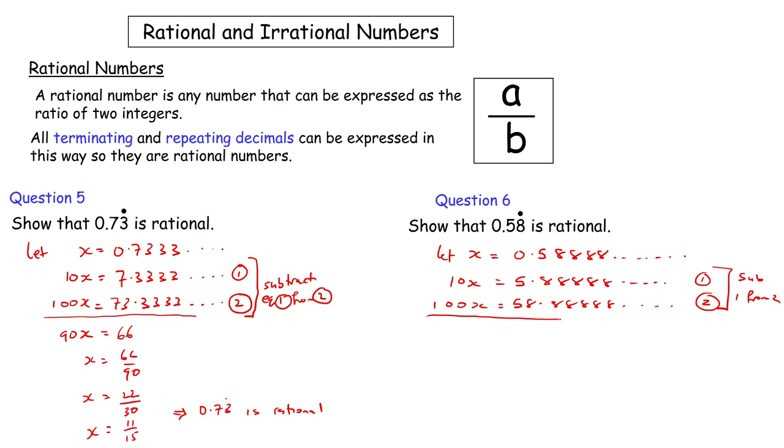Draw a line here, and that gives me 100 take away 10, 90x, and then 58 take away 5 is 53. So x is equal to 53 divided by 90, which implies 0.58 is rational.